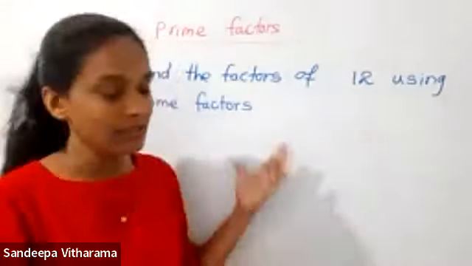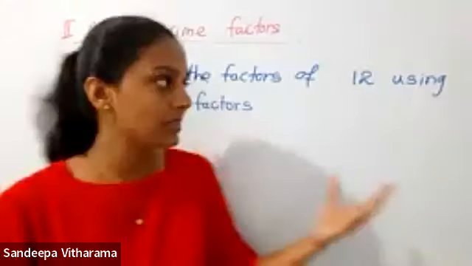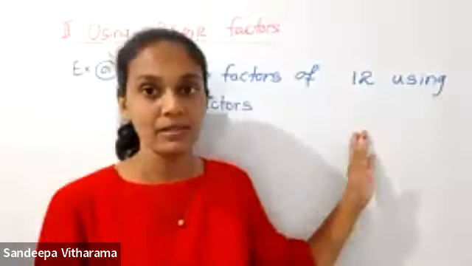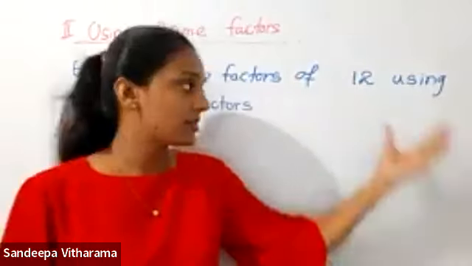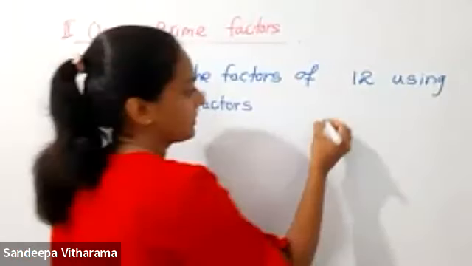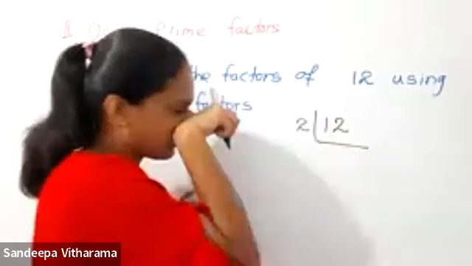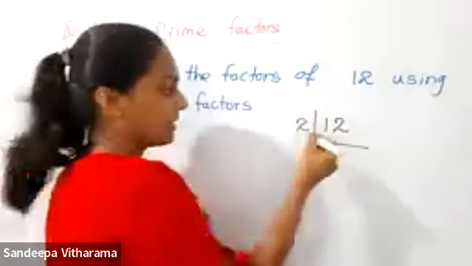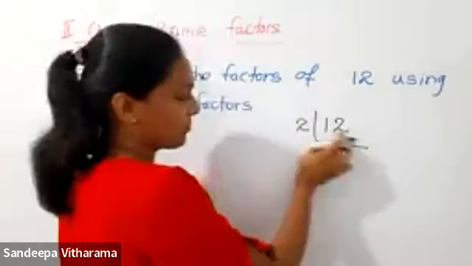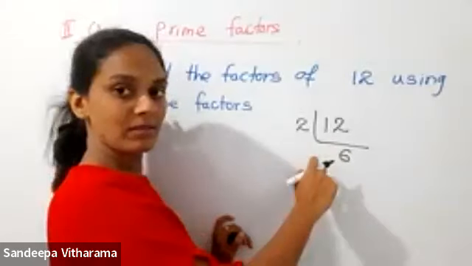Then we choose 2 and 3 first, and we check whether 12 is divisible by 2. Yes, 12 is divisible by 2. So we divide 12 by 2 because 2 is the least prime number. Then what is the answer? 6. Again check whether 6 is divisible by 2.